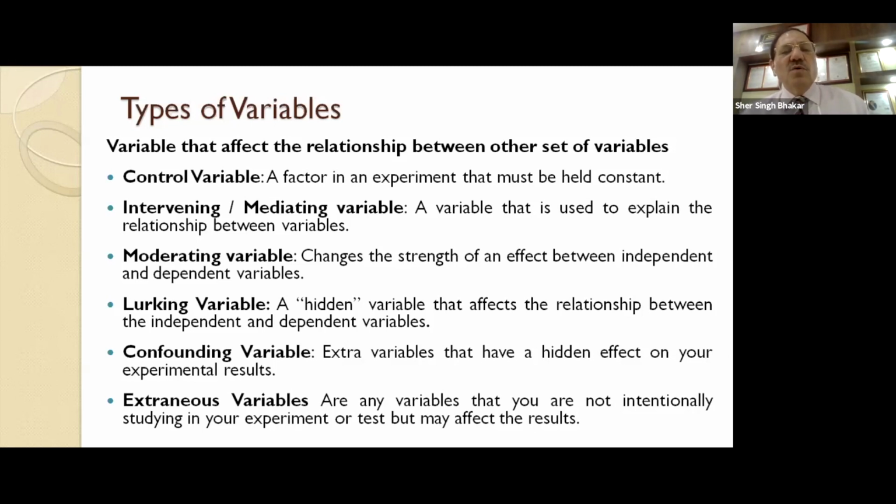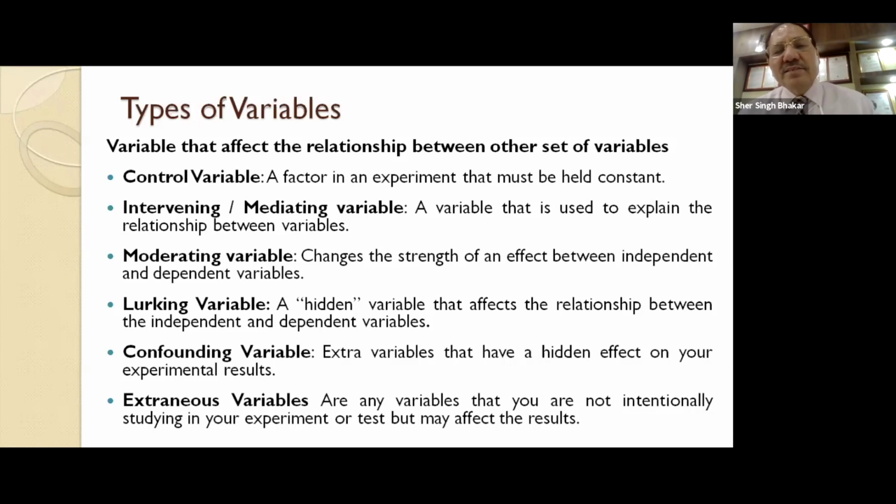Or maybe income, customer satisfaction and customer loyalty. Income can change this relationship. So if you don't control for income, you might find that the relationship we get between customer satisfaction and customer loyalty is not the actual one.